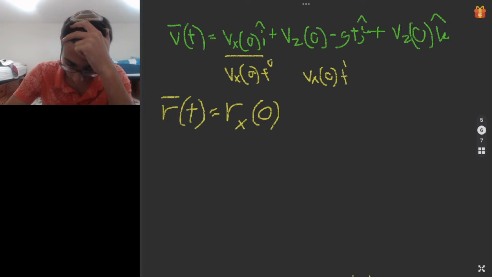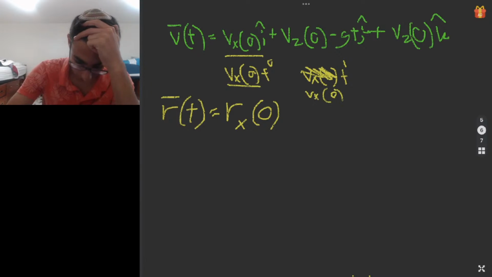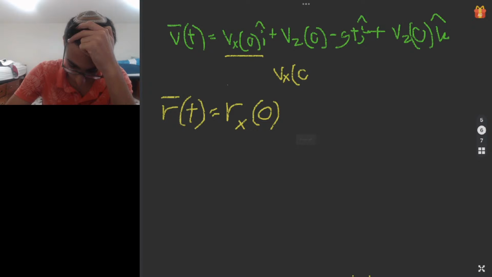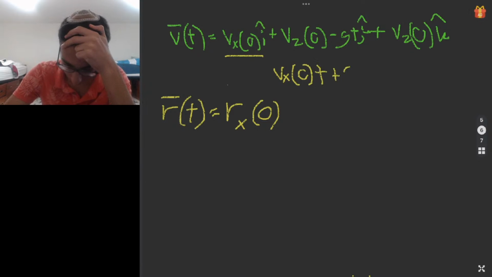We know that 1 times whatever the coefficient used to be is this, which means that it is still v sub x at time 0. So based on what we figured out, the antiderivative is v sub x at time 0 times t plus our constant.